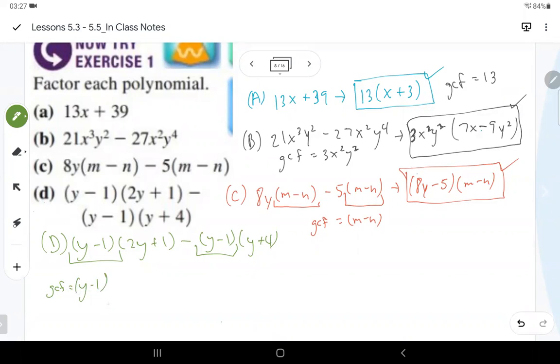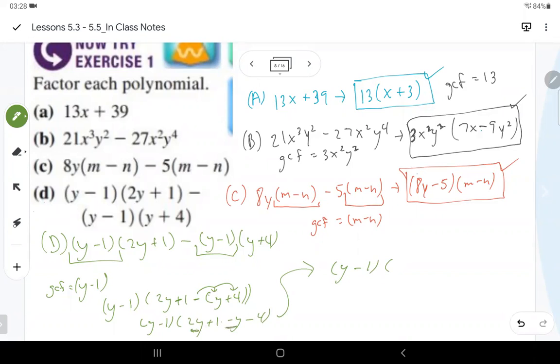So we're going to pull y minus 1 to the front. And we're going to be left with 2y plus 1 minus y plus 4. We'll distribute this negative throughout. So we would get y minus 1, 2y plus 1 minus y minus 4. So we would end up with y minus 1, which is our GCF.